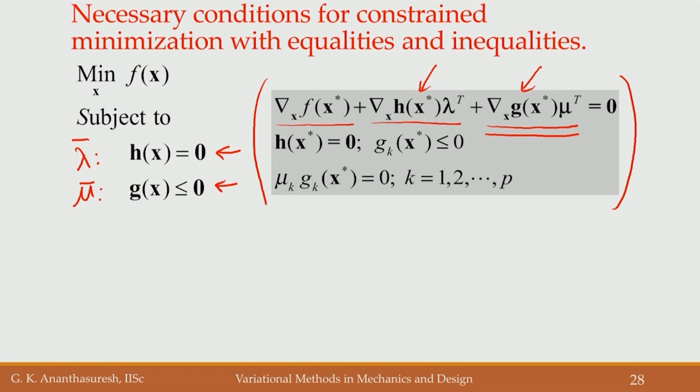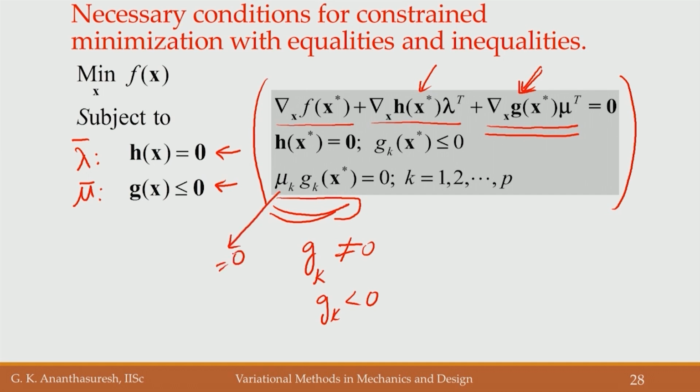Now, one might think this is applicable only for those where inequality constraints are active, but when it is inactive we have this complementarity condition. Whenever a certain g k is not equal to 0, it must definitely be less than 0, in which case, to satisfy this complementarity condition, mu must be equal to 0. When that mu is put in, there is no problem, you are only adding something that has no effect because it is basically 0.